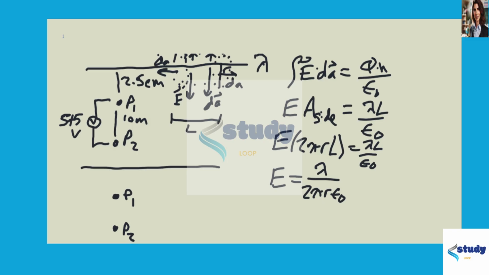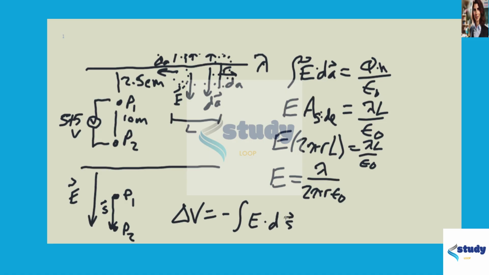We know the electric field is pointing radially this way, so I'm going to choose my path to be parallel to my electric field, connecting these 2 points. I choose this path because when they point in the same direction, it makes the integral easiest.